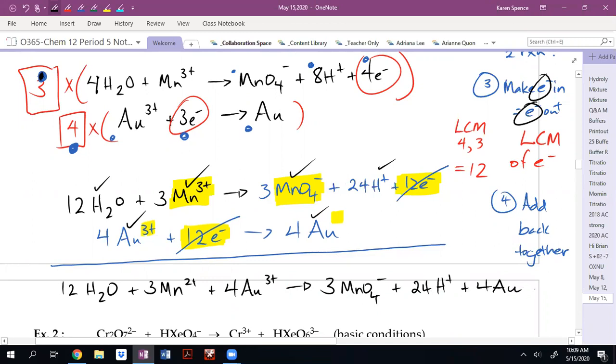And there are a few more steps that we might have to do next time, but for today we're done because if I look from side to side, there's nothing to cancel out.